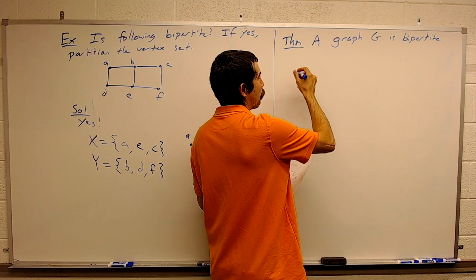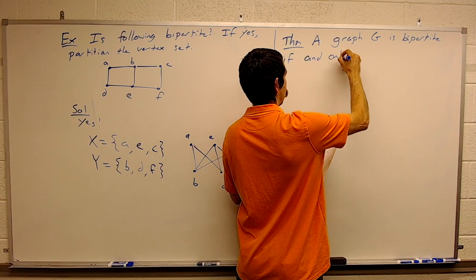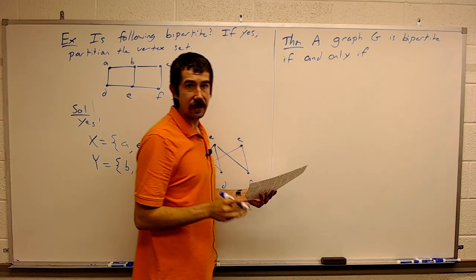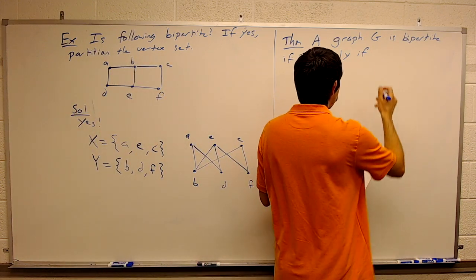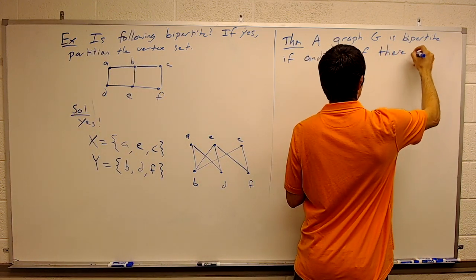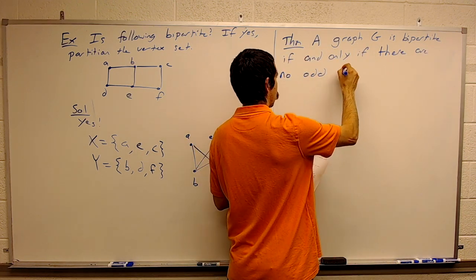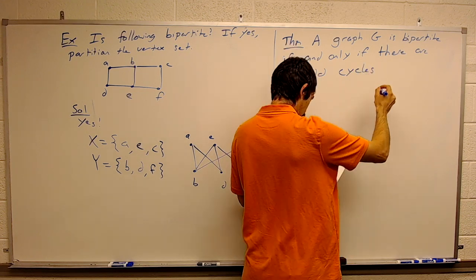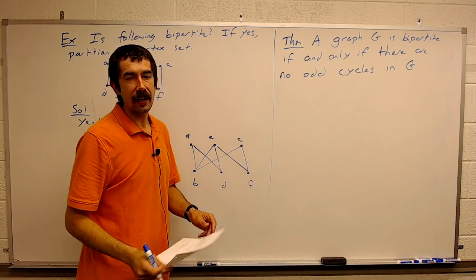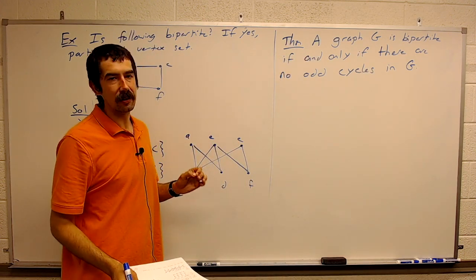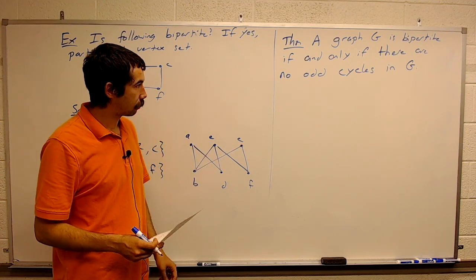A graph G is bipartite if and only if there are no odd cycles in the graph. So this says if you find an odd cycle in the graph, we automatically know it's not bipartite.